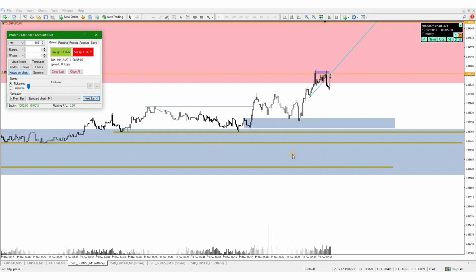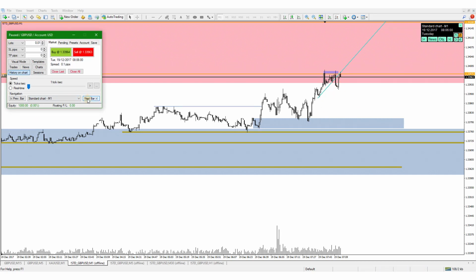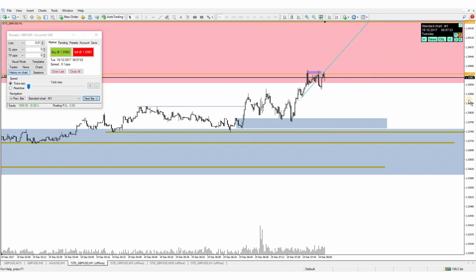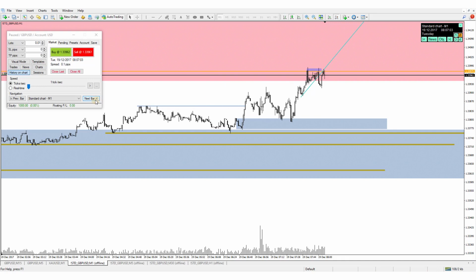Supply, double top, retest of broken trend line, perfect price level to join the sellers, isn't it? This is really a perfect price level to join the market. The volume is indeed going up, so it means a lot of traders are interested in joining the market right now, but we are waiting. Patience is our key.